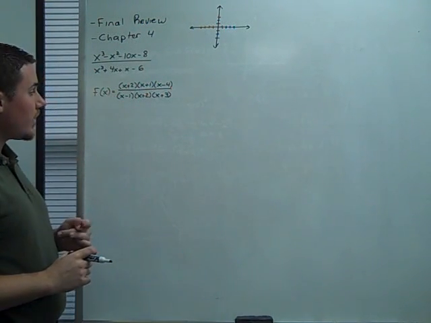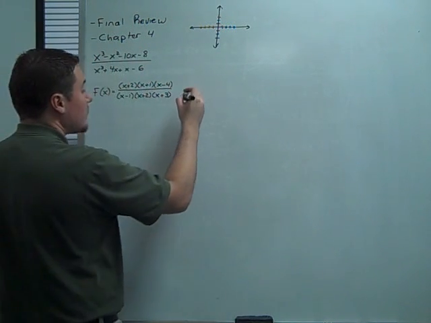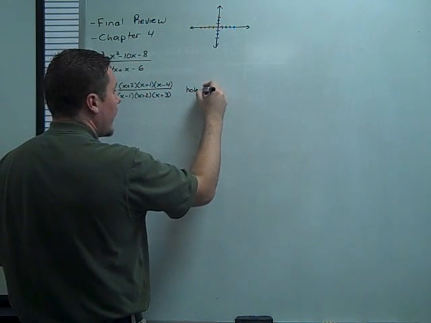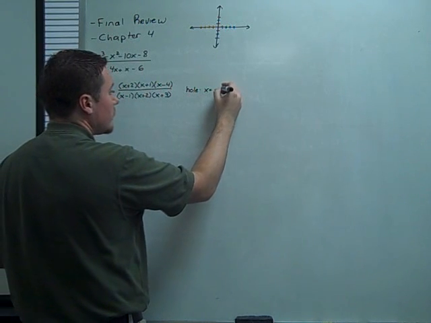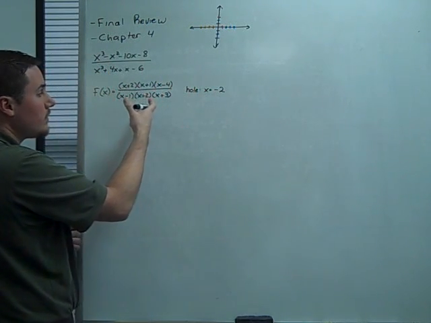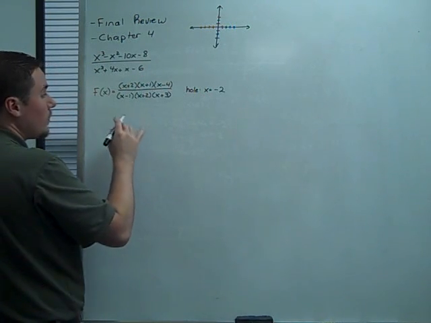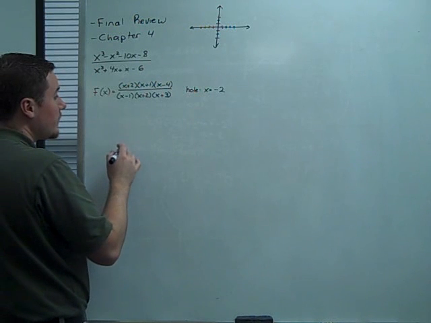And when cancellation happens, you have a hole. So the hole is going to be at x equals negative 2. Because when negative 2 is plugged in, you're going to have 0 over 0. So it's undefined, and we'll figure out the y-coordinate of the hole momentarily.